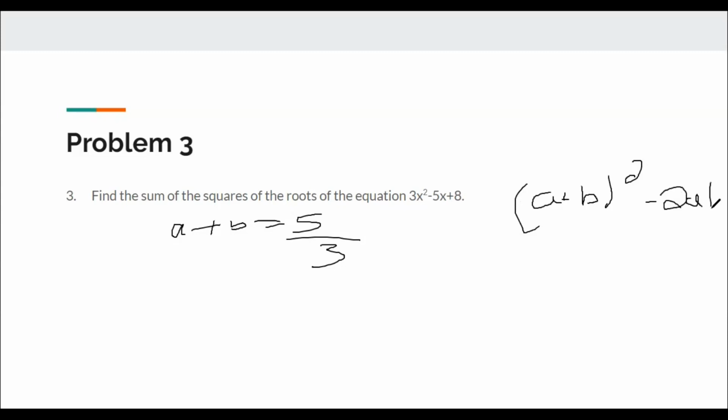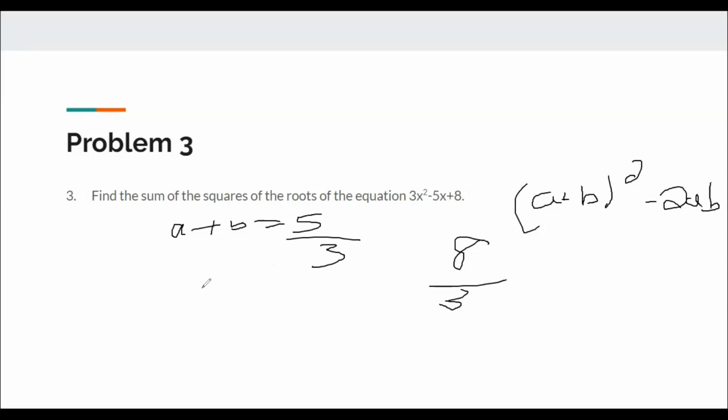That's going to be a squared plus b squared. And we can use Vieta's again. The product of the roots, ab, will be 8 over 3. We talked about Vieta's, I think, last week, so if you don't remember, you can look back on it. So ab is equal to 8 over 3, and a plus b is 5 over 3.